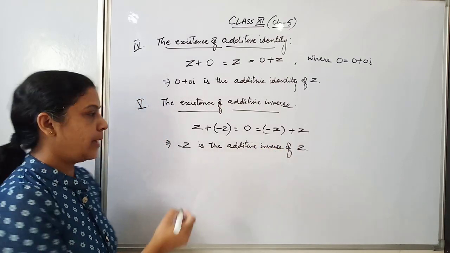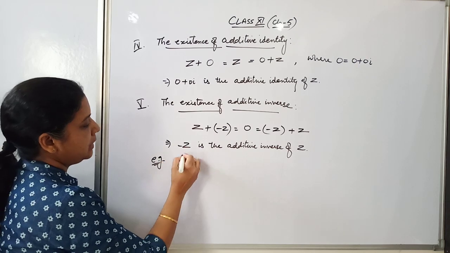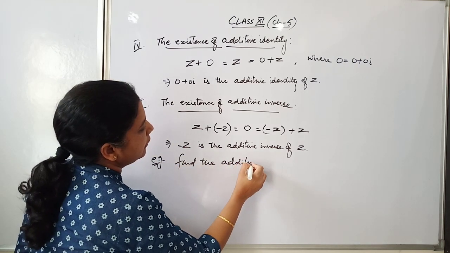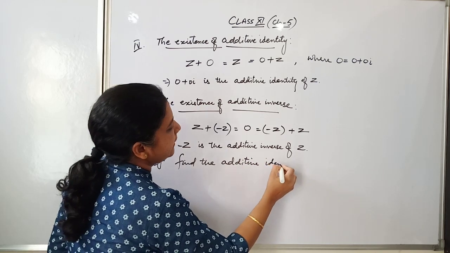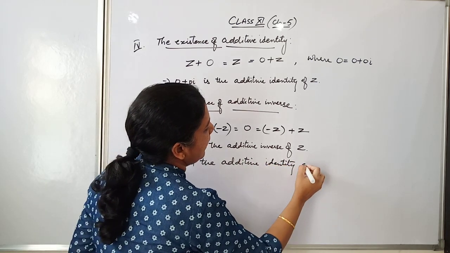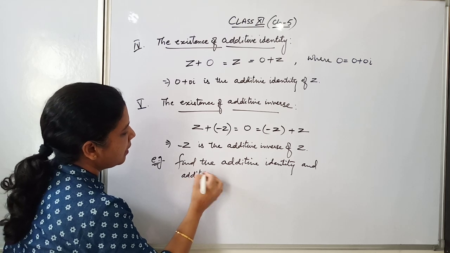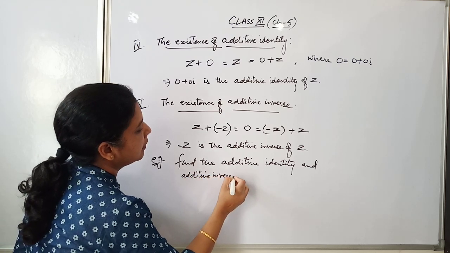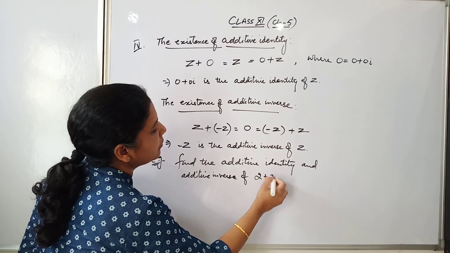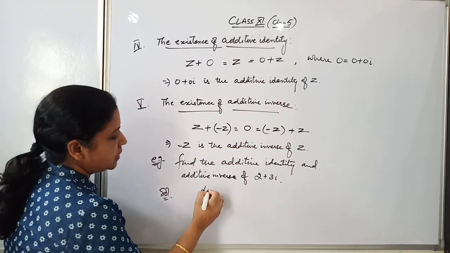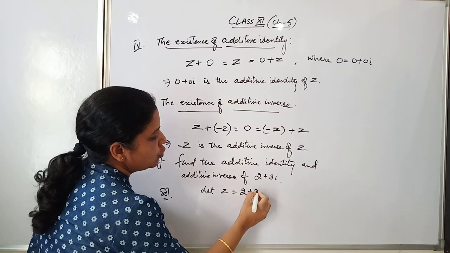If you get a question, let me give you an example. Find the additive identity and additive inverse of 2 plus 3 iota. So what should be your solution? Let Z be equal to 2 plus 3 iota.